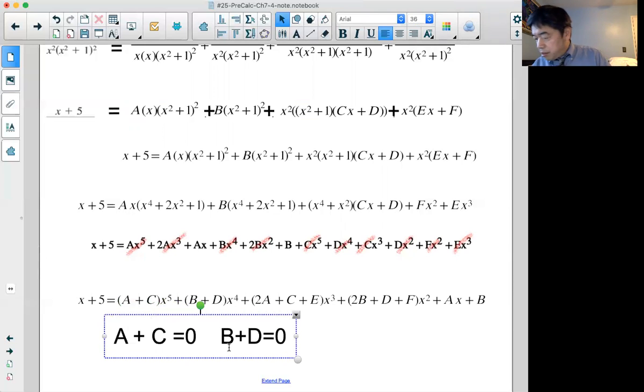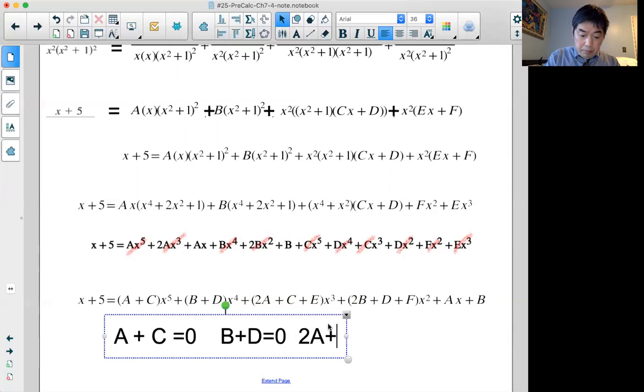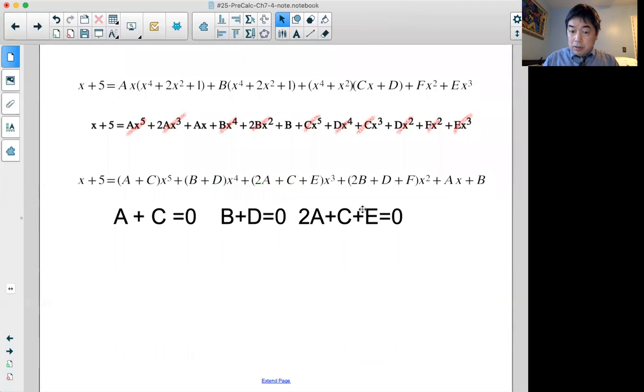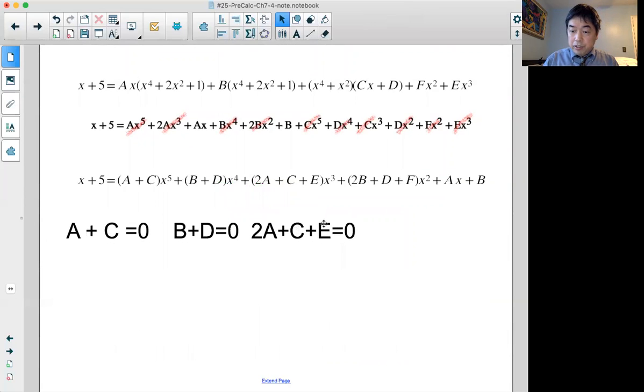Now, you don't see the third power. So 2a plus c plus e must be 0. What else? You don't see this one either. So we have to start solving for this.